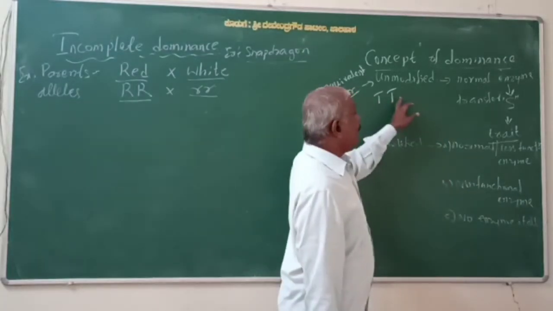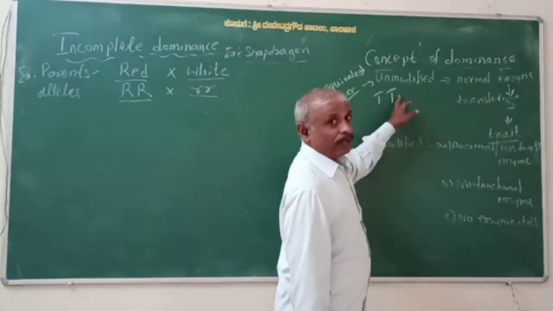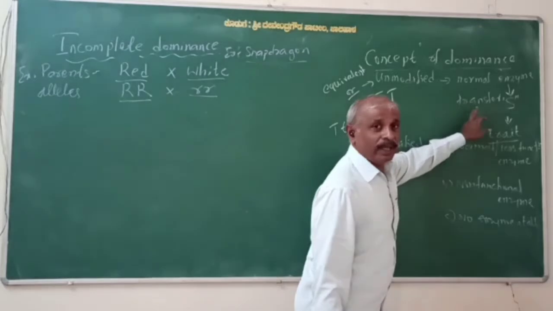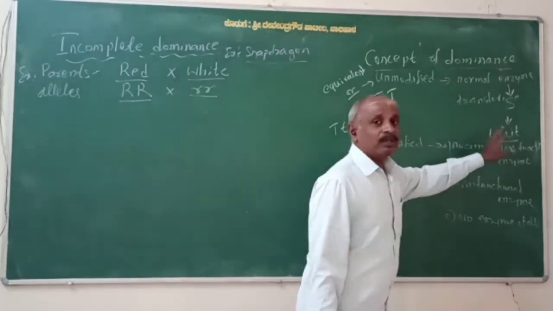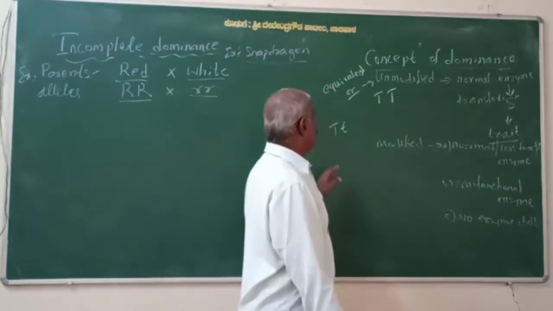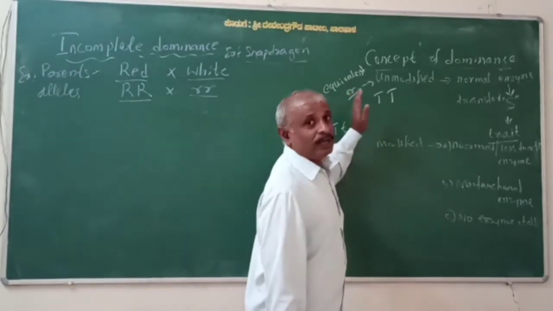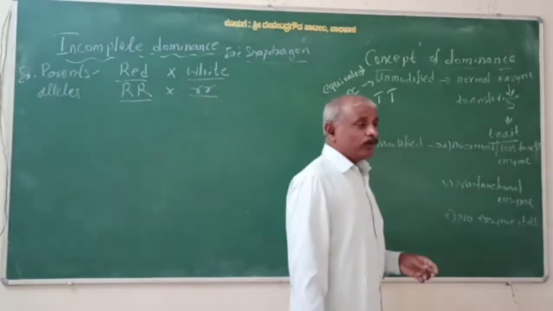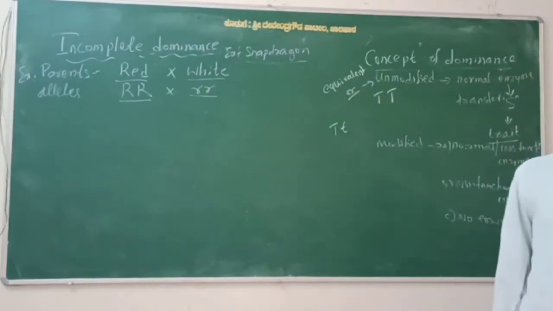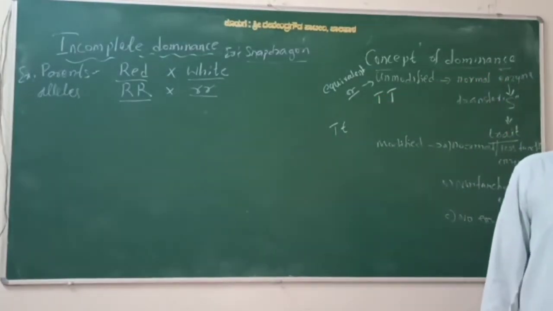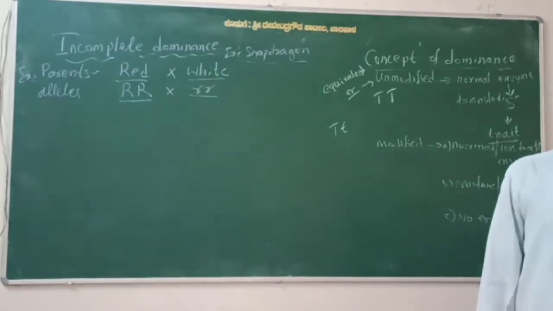When the unmodified alleles are there, these are going to produce the enzyme and it is responsible for the trait. ಹಾಗಾಗಿ ನಾವು ಏನಂತ ಹೇಳ್ತಾ ಇದ್ದೀವಿ ಅಂದ್ರೆ, unmodified or equivalent alleles are there, they are producing an enzyme, ಆ enzymes ಗಳನ್ನು ಪ್ರೊಡ್ಯೂಸ್ ಮಾಡ್ತವೆ and produce the particular trait.